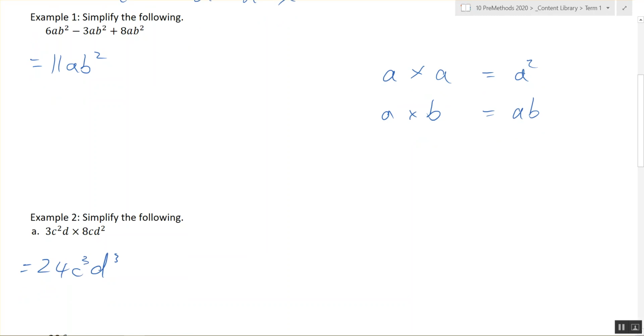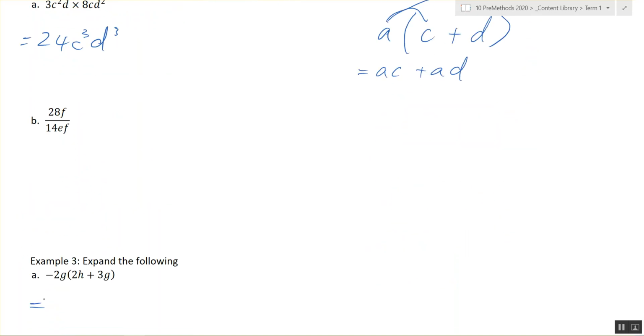Okay, so you usually use the distributive law when what is present? Brackets, okay? So if you've got A bracket C plus D, you're distributing the A. So you're sharing the A with everyone. So it becomes AC plus AD. You remember this? Yep.